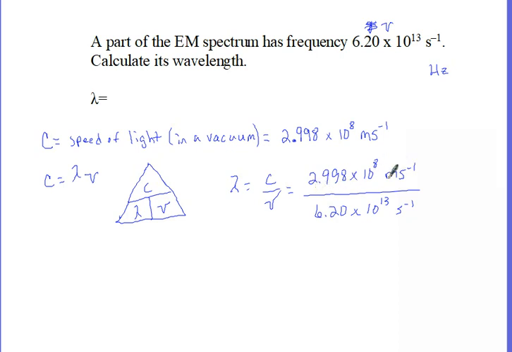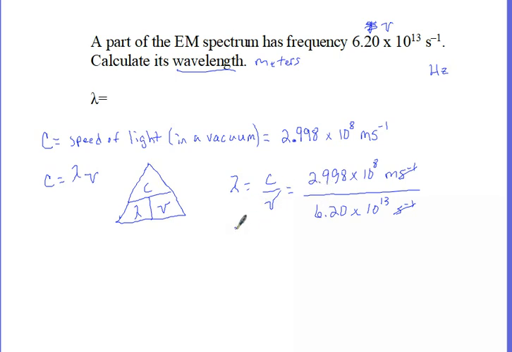And you'll notice what's going to happen is the per second part will get removed right there. So it will take care of each other, and your unit left over is the meter, which is a unit for length. And if it says nothing else up here about what unit to report it in, calculate the wavelength, you should probably do that in meters. If it asks for a certain unit, then you need to get this meters and convert it to that unit.